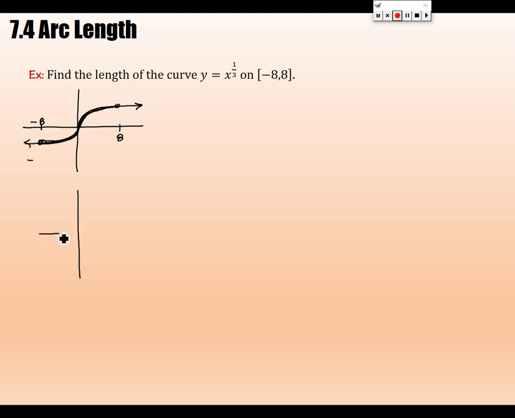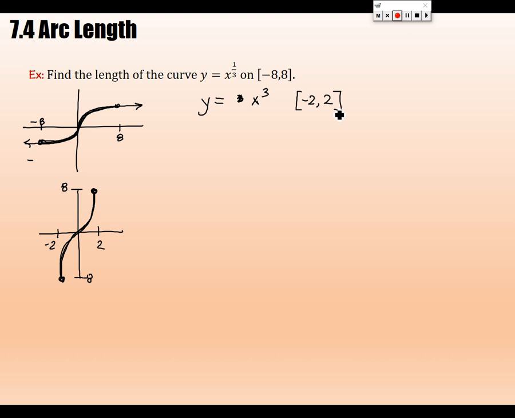But of course, we just need to stop and recognize that this is the same problem as finding the arc length of this curve, right? y equals the cube root of x cubed on -2 to 2.